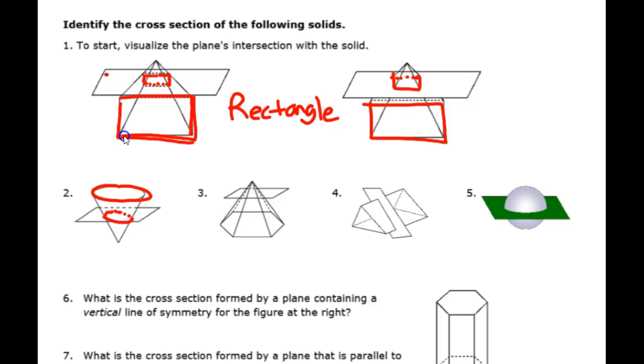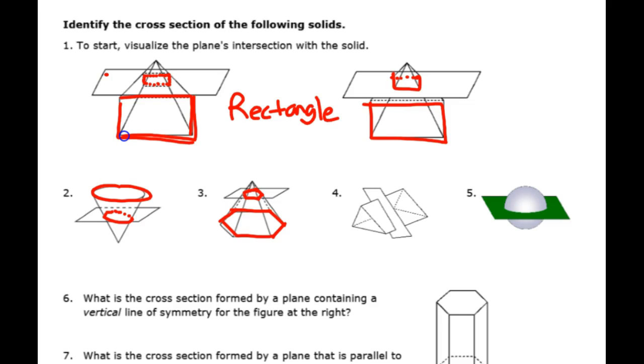If it's parallel to the base, it is the same as the base. Number three, what is the base shape? A hexagon. So, parallel to that hexagon, number three would be what? A hexagon. It's going to be really small and hard to see up here, but rest assured, it matches the base.